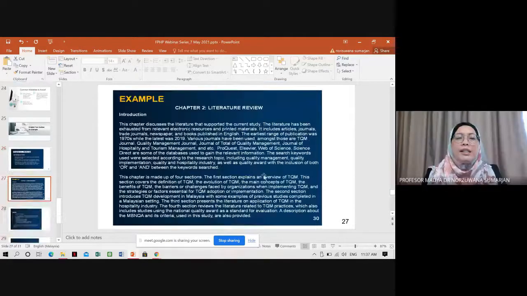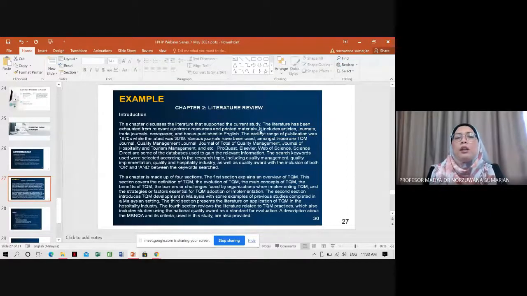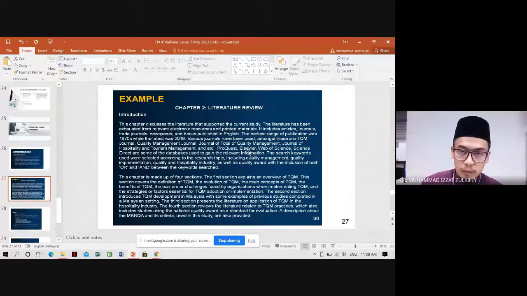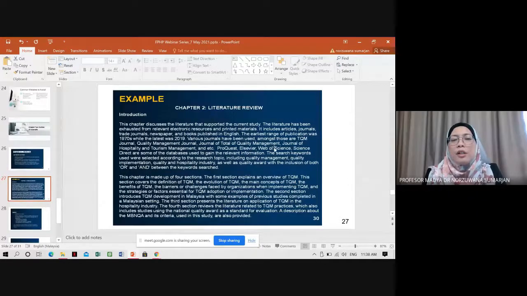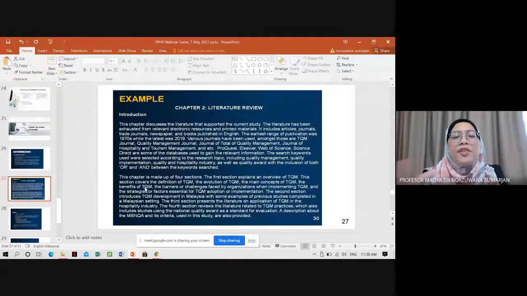So this is the example. Introduction: this chapter discusses the literature that supported the current study. Literature has been exhausted from all the relevant sources, and you also put the source, the search engine, and then the keywords, and then you navigate them.